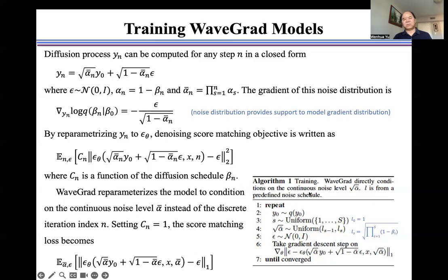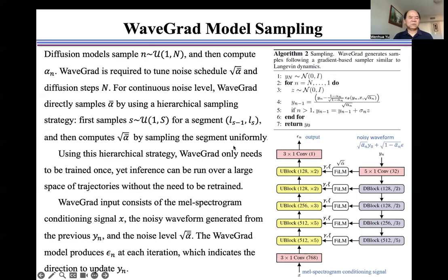Here is the training process of the WaveGrad model. Diffusion models sample n from a uniform distribution and then compute alpha_n. WaveGrad is required to draw the noise schedule, root alpha bar, and the diffusion steps n.